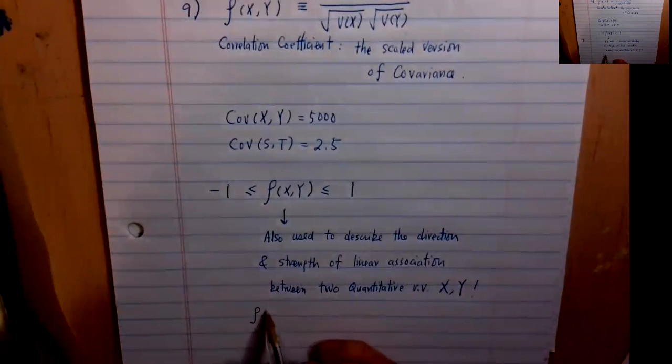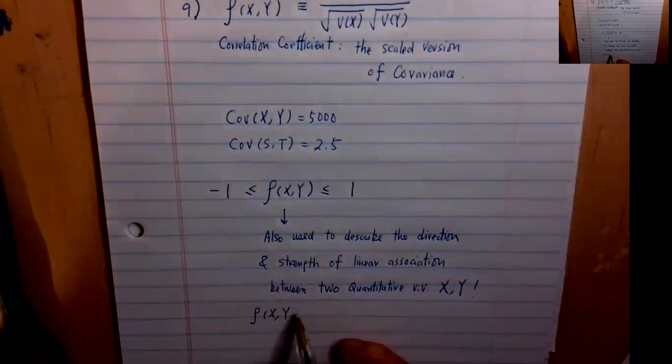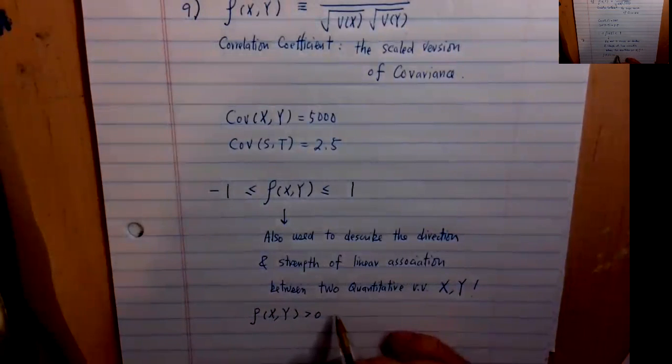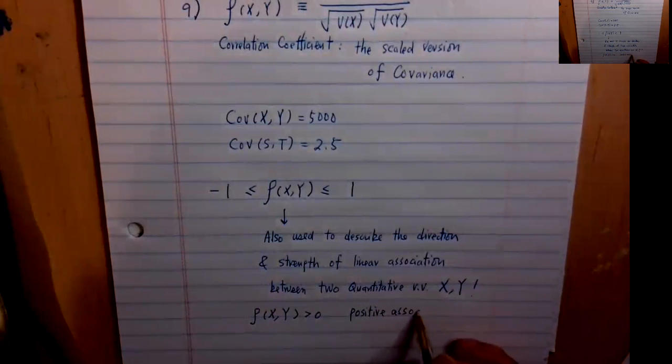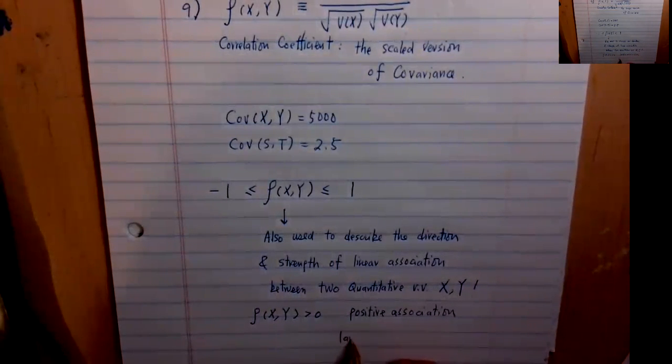When rho of x and y is greater than 0, that means there is a positive association between x and y. Positive association means large x are more related to large y's.